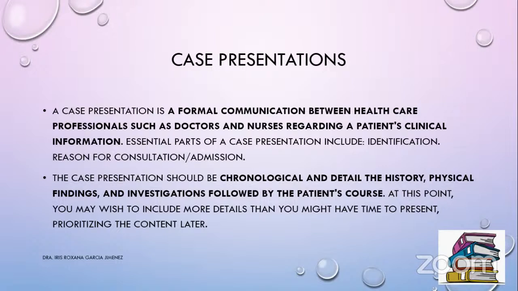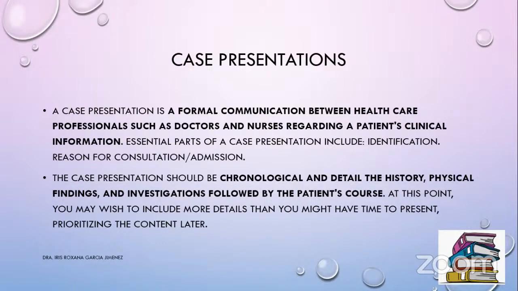We introduce the patient, talking about name, age, where they were born, where they grew up, pathological antecedents, familiar antecedents if they are necessary. And then we go to explain the main complaint. Then we give the case report, a brief resume, of course, and then we give the physical exam.